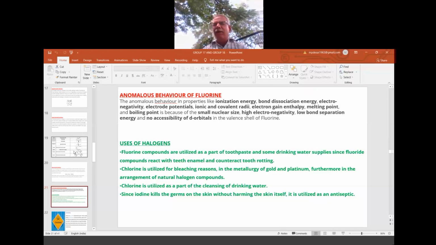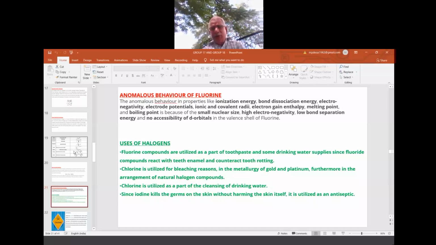Second is as a chlorinating agent. Chlorine finds many applications, especially in organic chemistry. And chlorine is utilized as a part of cleansing, which I told you already, bleaching. And iodine also has some antiseptic and antimicrobial property on the skin. Therefore, iodine is made use of in most skin ointments along with sulfur.